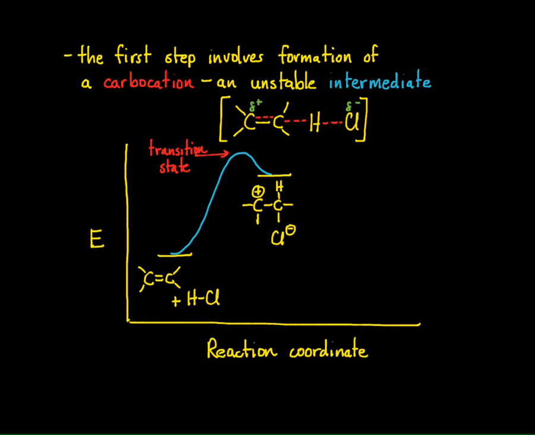We find this based on what's called Hammond's postulate, which says that the transition state is going to be similar in energy to the closest energy species, either reactant, product, or intermediate. In this particular case, it's going to resemble the carbocation, but that's how we represent that transition state. Now that's the first step.